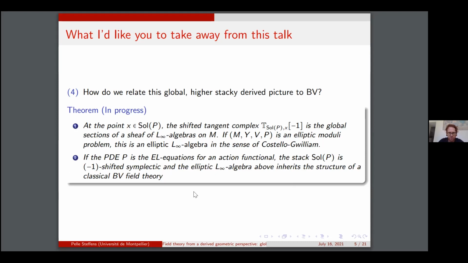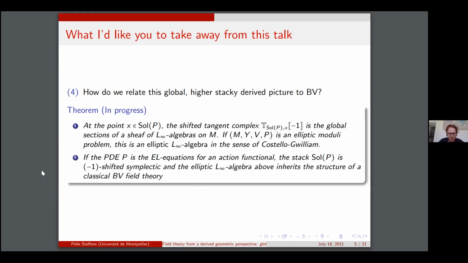And going to the formal completion, this should equip this elliptic L-infinity algebra with the structure of a classical BV field theory. Yeah, but you can imagine that this is not as easy as in derived algebraic geometry, since while this space may be representable, in the meanwhile there are all these very large infinite dimensional stacks appearing.